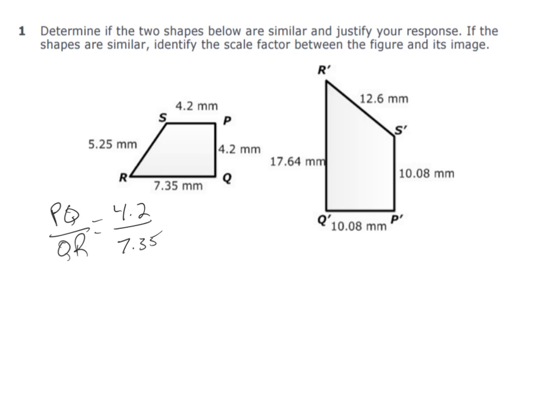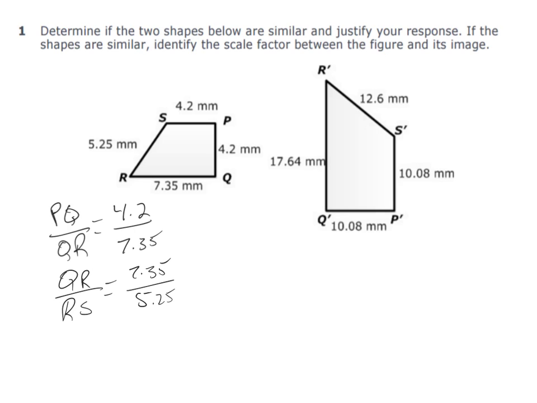Notice I'm going clockwise around. So I'm going to look at QR and RS. Again, QR is 7.35 and RS is 5.25.